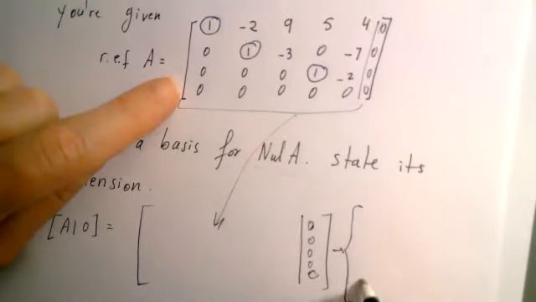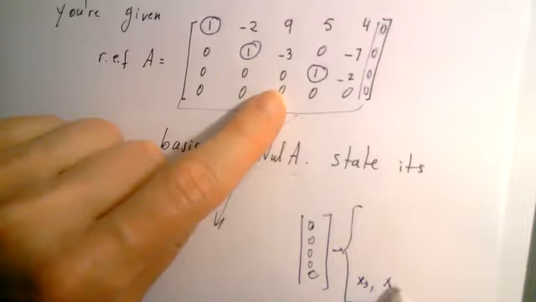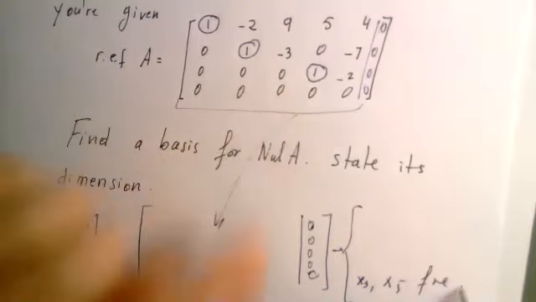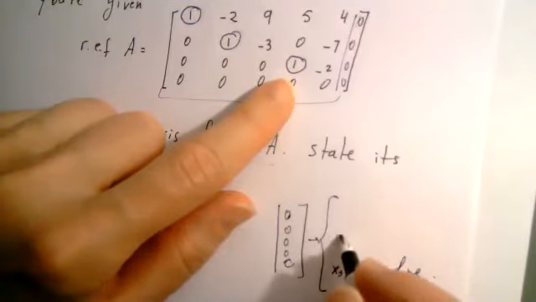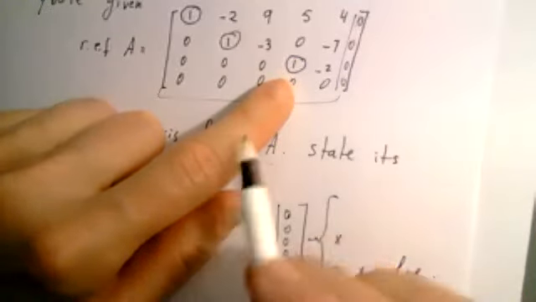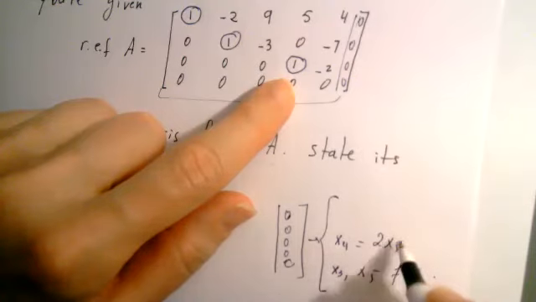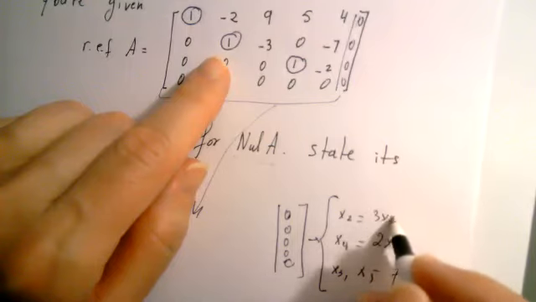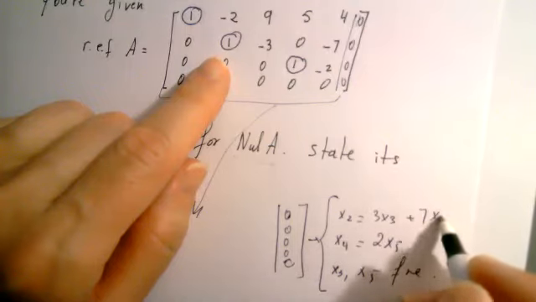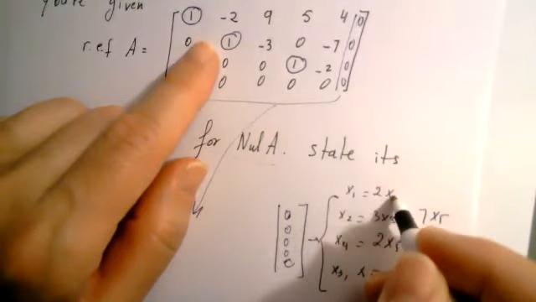So I know that X3, X5 are free. And then I start rewriting the system. The bottom one tells me that X4 equal to X5. This tells me X2, 3X3 plus 7X5. And this tells me X1 is 2X2.